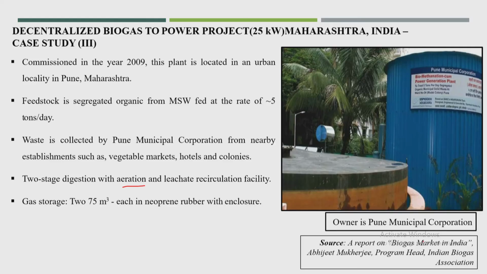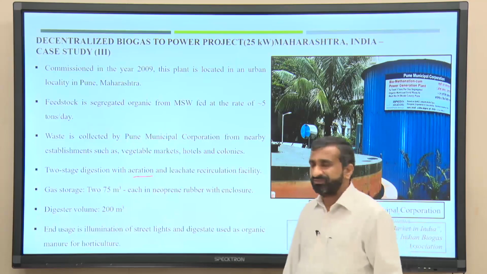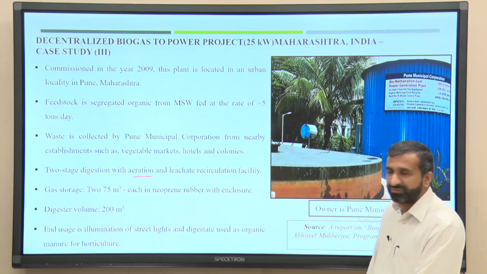The reactors have gas storage of 275 meter cube each in neoprene rubber with explosion protection. Digestate volume is 200 meter cube, and end use is illumination of street lights, and digestate is used as organic manure for horticulture purposes. So, this is specially for MSW.